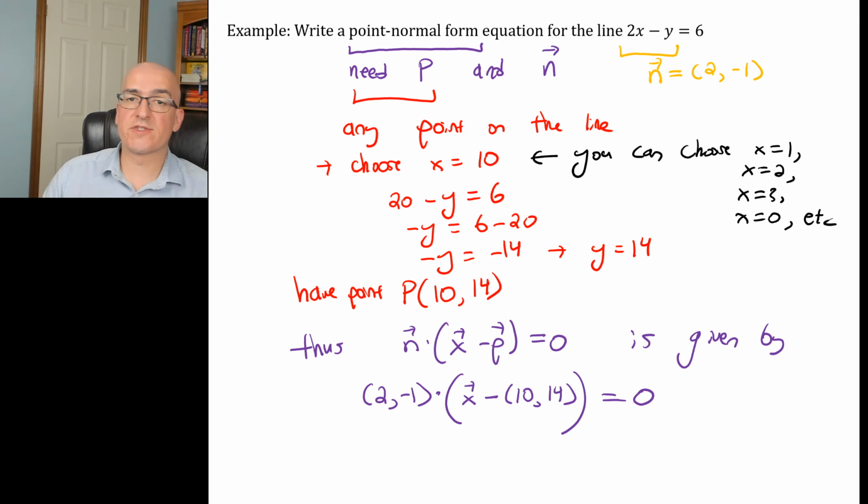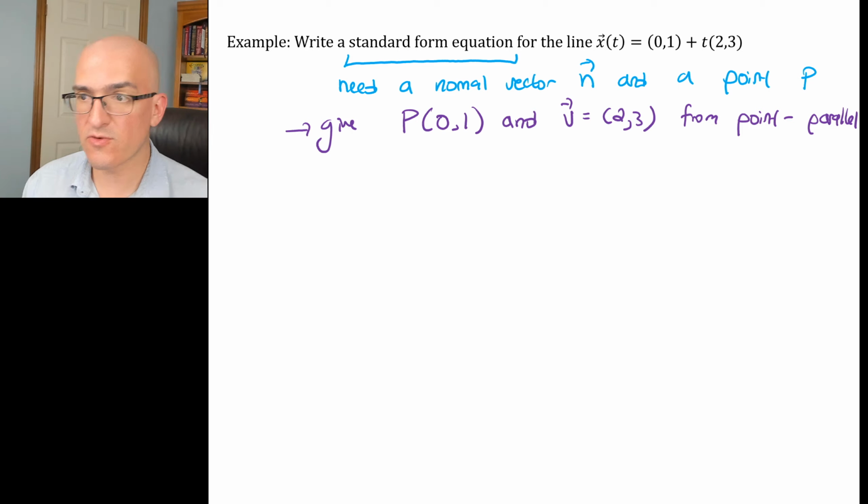Given point p (0, 1) from the point parallel form, and v equals (2, 3). So we're given a point parallel form, we can extract a point and a direction vector. Now we need to turn that direction vector into a normal vector.